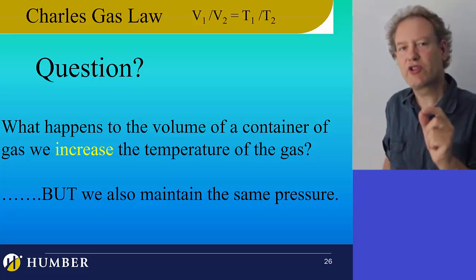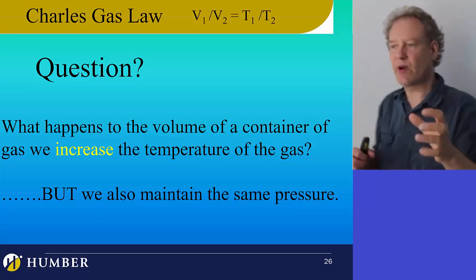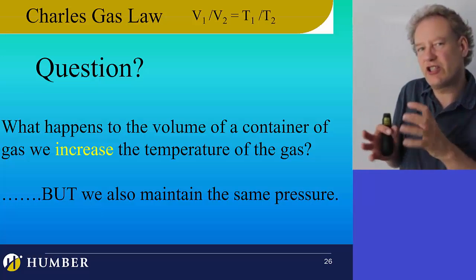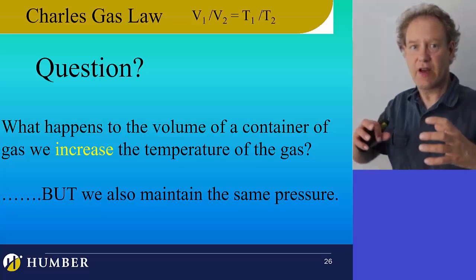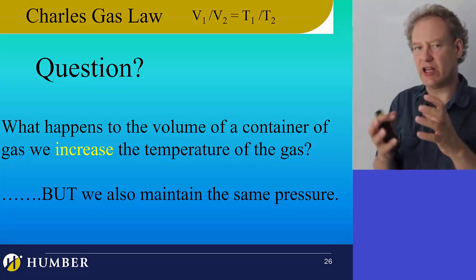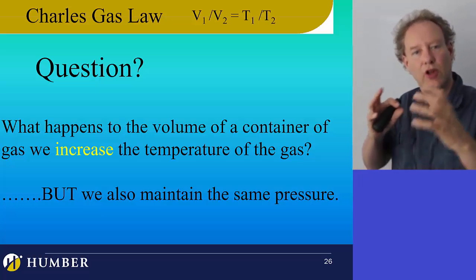What happens to the volume when you change the temperature? The pressure also changes to some degree, but it makes sense that when the temperature decreases, the volume will also decrease.